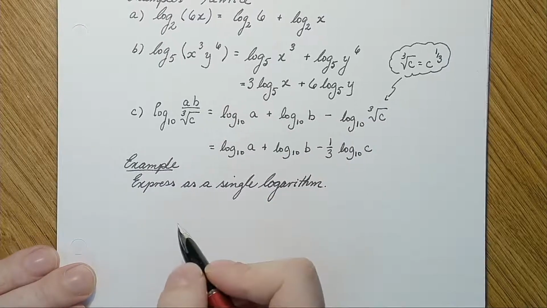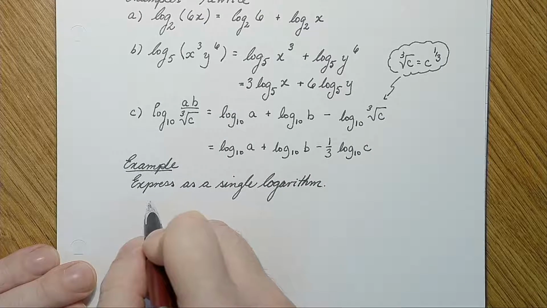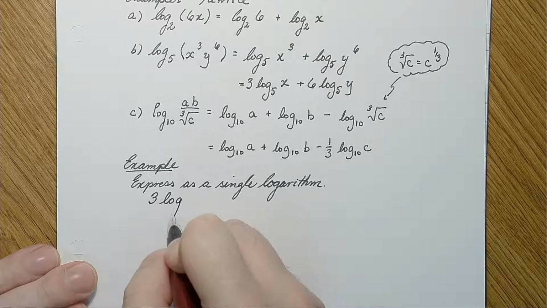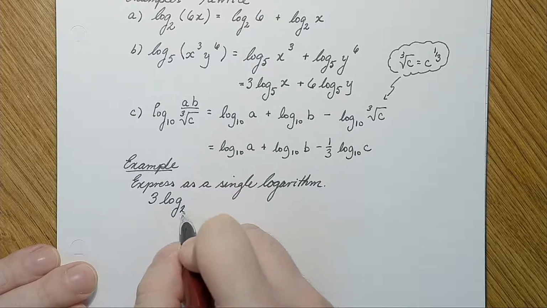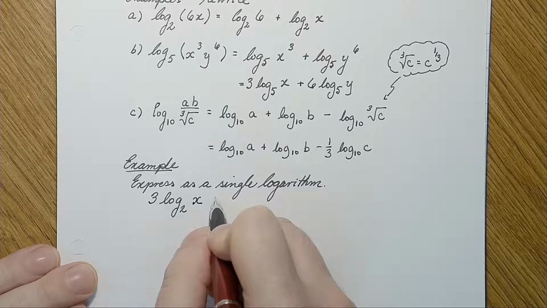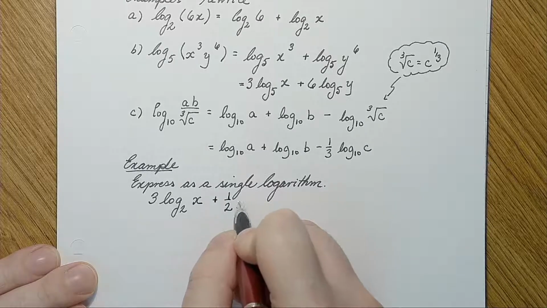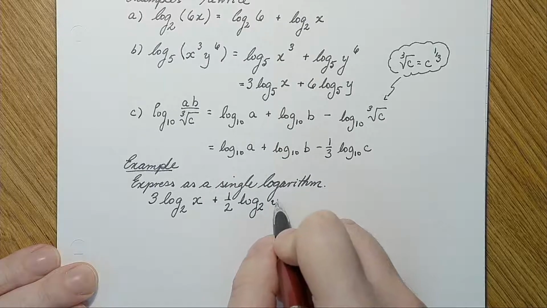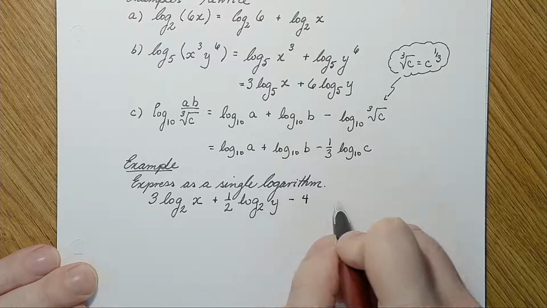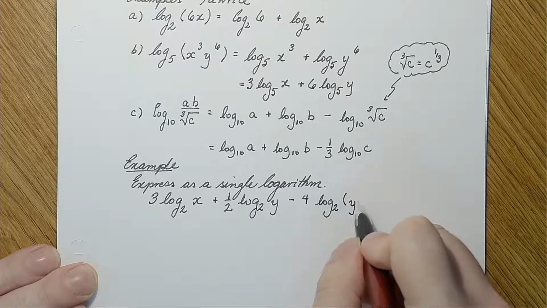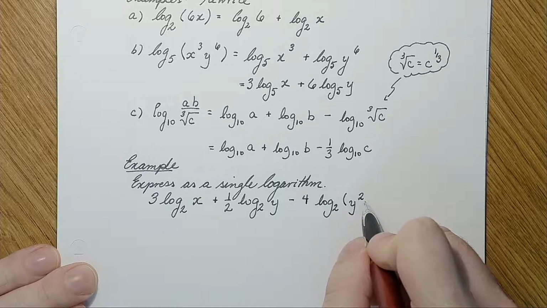So this one I have 3 times log base 2 of x plus a half log to the base 2 of y minus 4 log 2 of y squared plus 1.